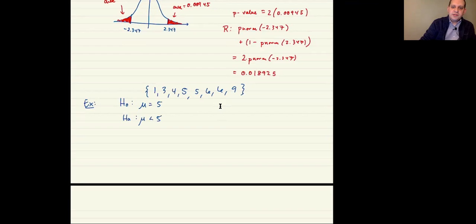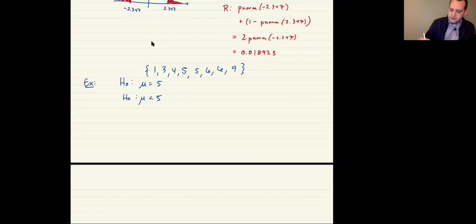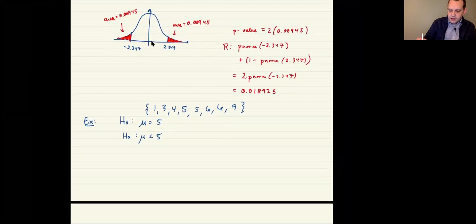So this is going to be a left-tailed hypothesis test. We're going to use the same formula.